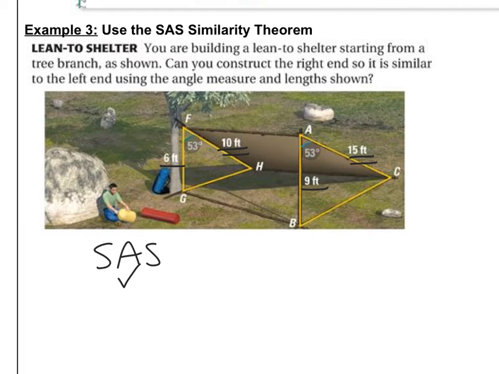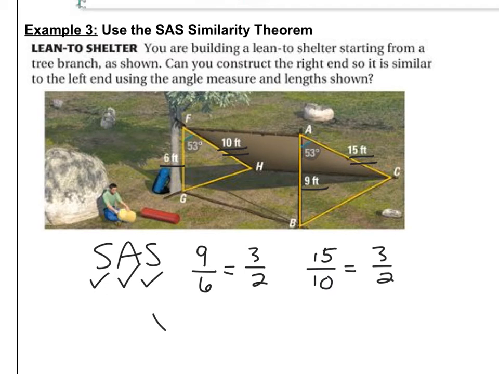So I'm going to do 9 over 6, which simplifies down by 3 to 3 over 2, and then 15 over 10, which they're both divisible by 5, which would give me 3 over 2. So both sides check out. You would simply say that the answer to this is yes. You could use side-angle-side to prove that the right side is similar to the left side.